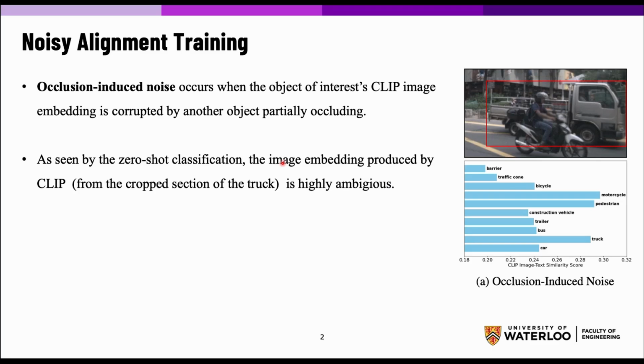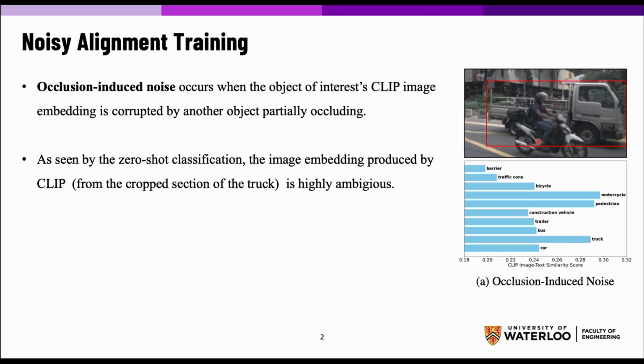So one case of this is what I called inclusion-induced noise, and this occurs when the object of interest in the clip embedding is corrupted by another object driving by. For example, our object of interest in this image is the truck, but we have someone on a motorcycle passing through, and at the time of detection, when we pass it through CLIP, the feature produced that we're trying to align to becomes ambiguous.